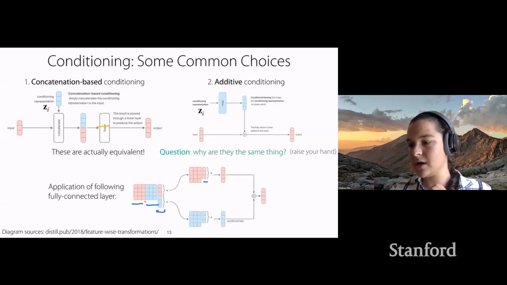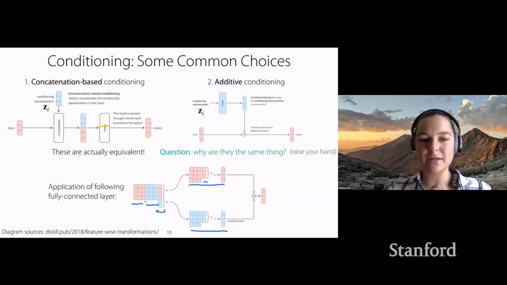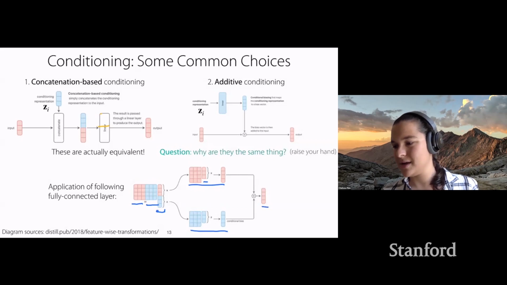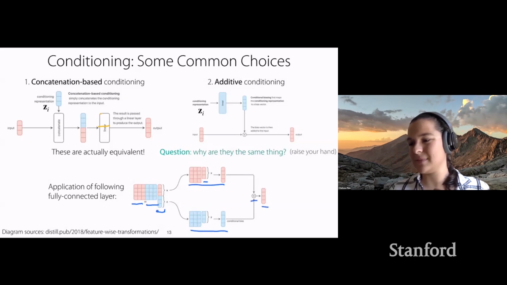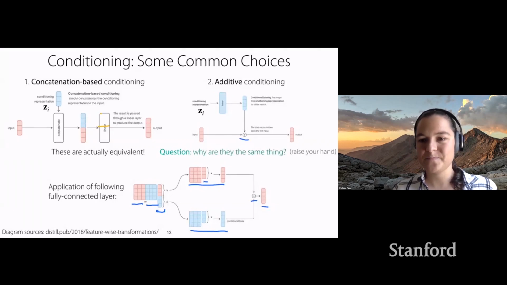So when you apply this fully connected layer, you end up getting these two completely independent halves of that layer, and then you add them when doing the matrix vector multiplication to get the result. And so this addition right here is basically the same as the addition when you're adding right here. Okay, so this is something to keep in mind with regard to the conditioning.